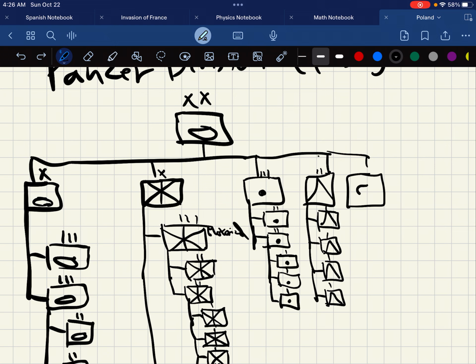I can draw it like that. I've seen this being drawn, very common as well. This little design. And for these, I believe there's only 3.